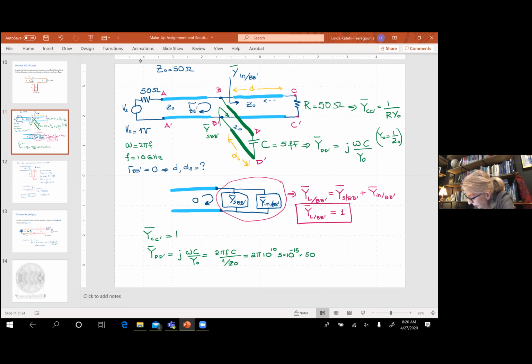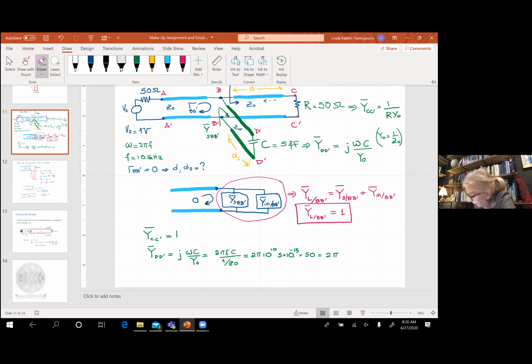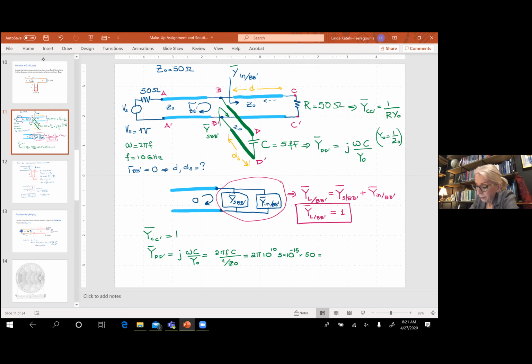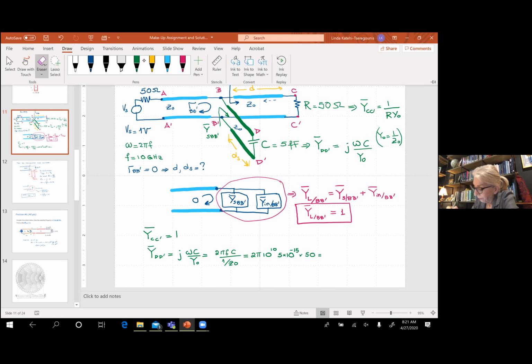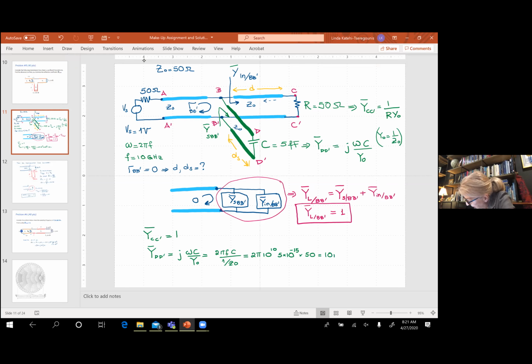Okay, so let's see how much this is going to give us. It's going to give us 2 pi times 5, which is 10 pi. So 10 pi here. And then we have 1/10 from here and another.